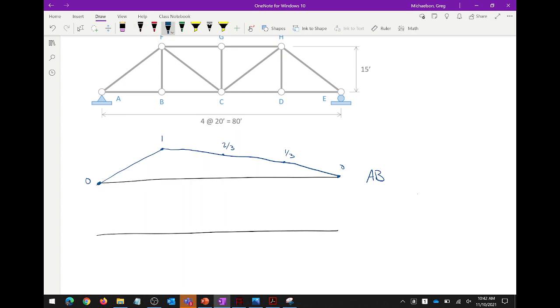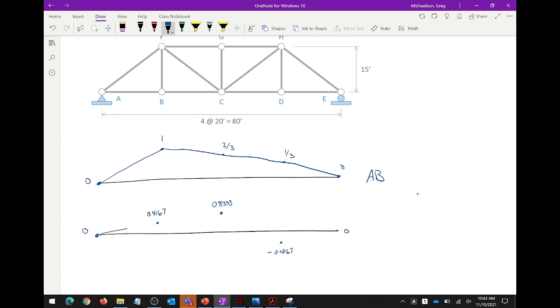The diagonal goes 0.4167, the negative, and then back to 0.